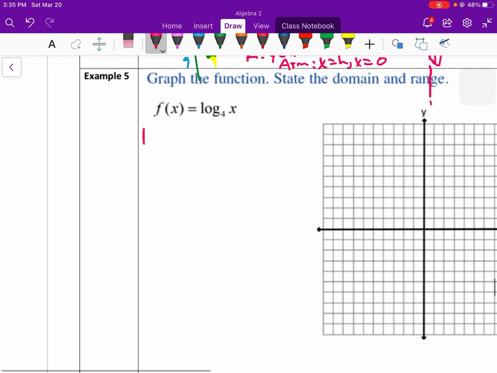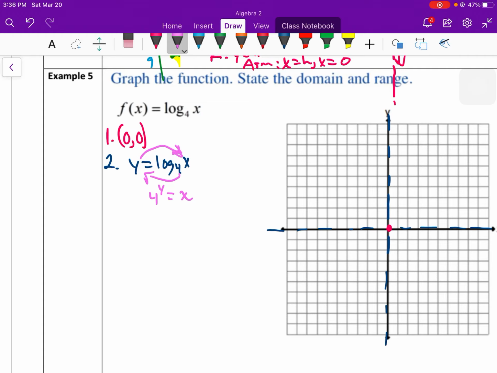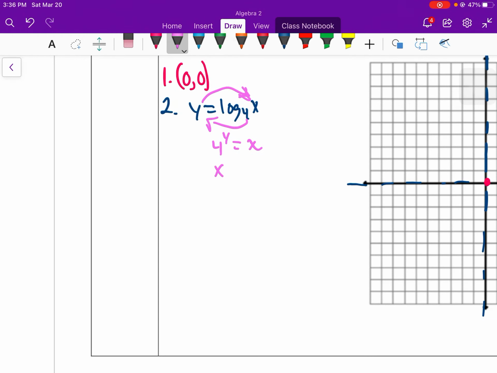All right, so I'm going to put it higher this time. My shift, there is no shift. There is no h, k. That's my new origin. This time I will put my x and y axis. Just to be clear, I'm going to rewrite it as y equals log base 4 of x. So now we want it as an exponent, so it's 4 to the y equals x. So I can do my table.